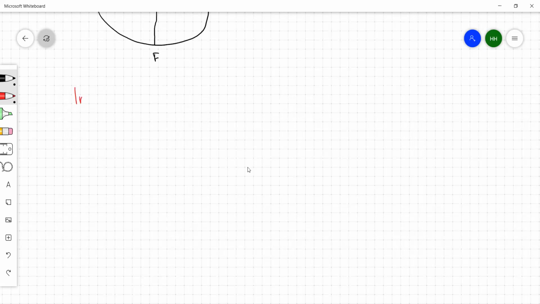So we're going to say in circle S, the measure of arc PQR is 98 degrees. Find the measure of PQ. And you get, let's see, this picture.